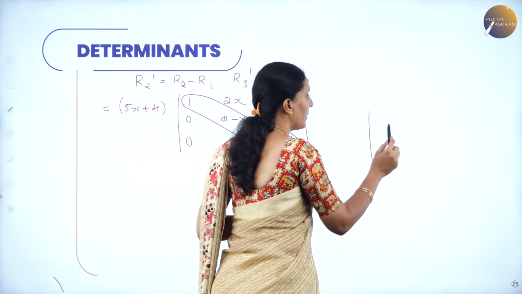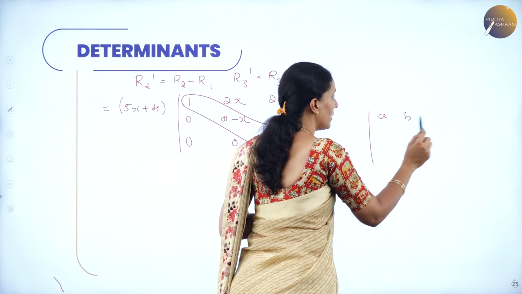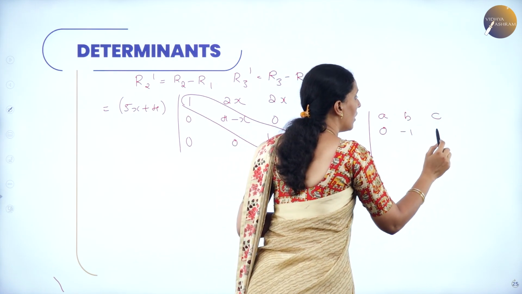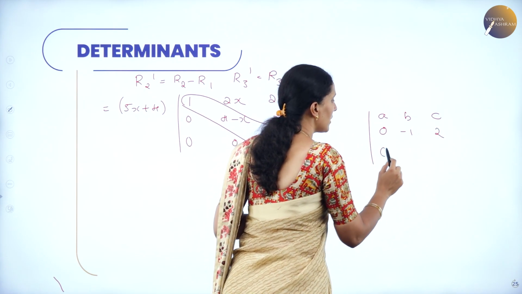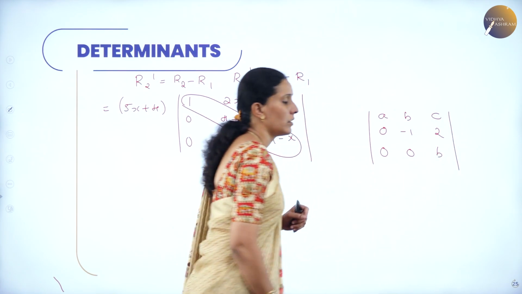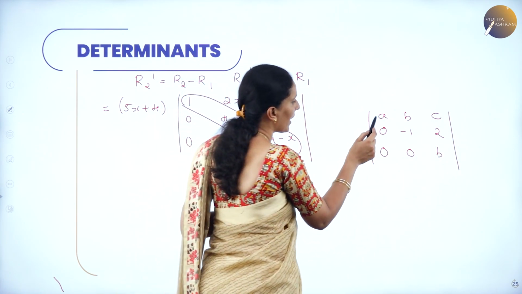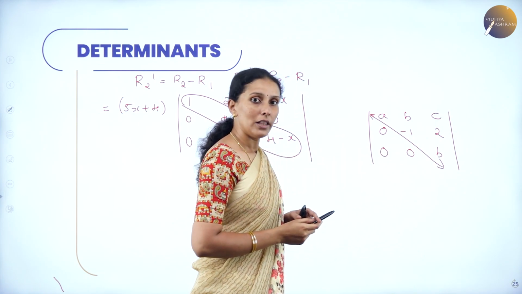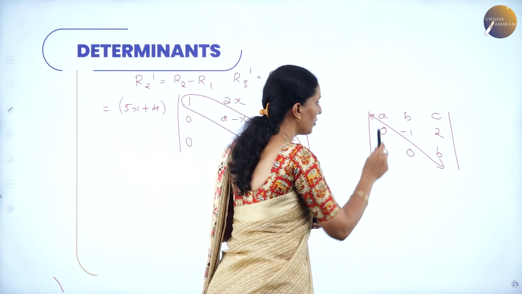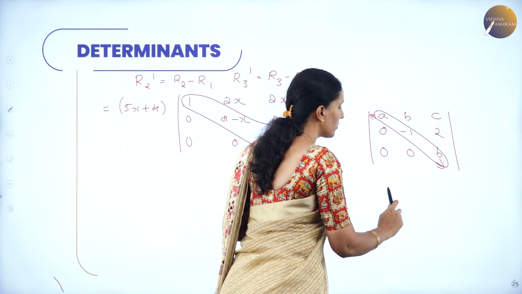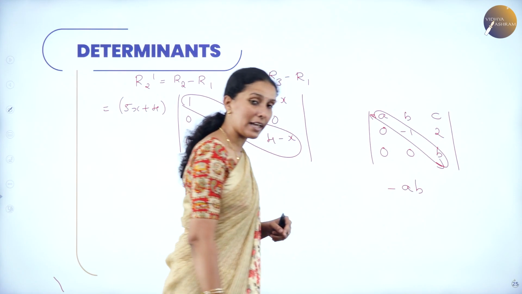Suppose you have a determinant like this: a, b, c; 0, minus 1, 2; 0, 0, b. So in this case, see the principal diagonal elements. This is the principal diagonal. And below that, all the elements are 0. Then what will be the value of the determinant? It is only the product of the principal diagonal. Hence, according to this, the value will be equal to minus ab.